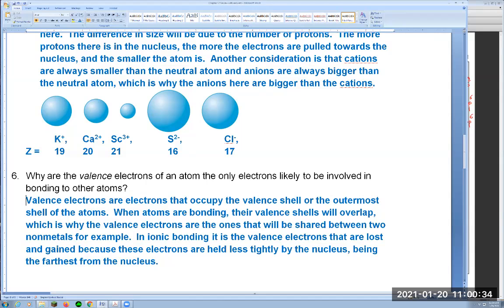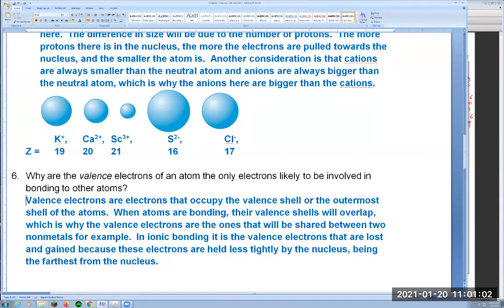So, to kind of draw this, imagine two circles and you bring them closer together until they overlap on one side. And so that's what happens. The shells overlap, except that it's in 3D, right? 3-dimensional. And in that zone where they overlap, that's where the valence electrons will be shared between two nonmetals, for example.